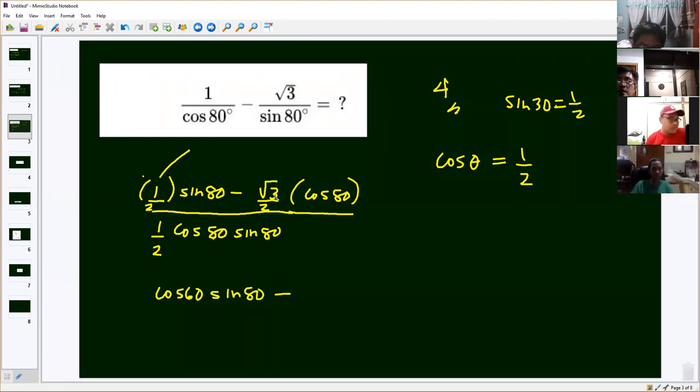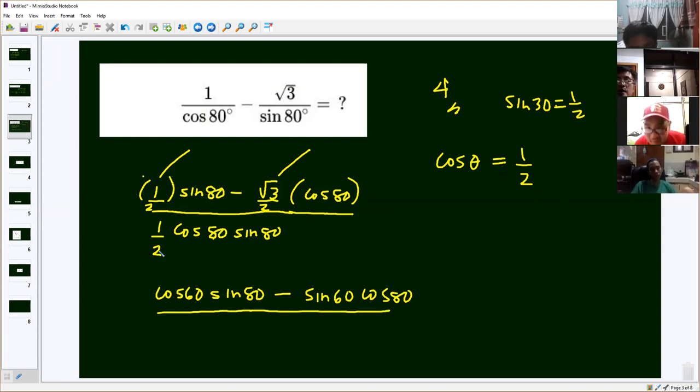And then, syempre, the same manner, sin 60 is square root of 3 over 2. And cos 80. Ay, ang angas. And then, that 1/2 times 2 siya, no? Times 2. So then, this is cos 80. We're not yet done.